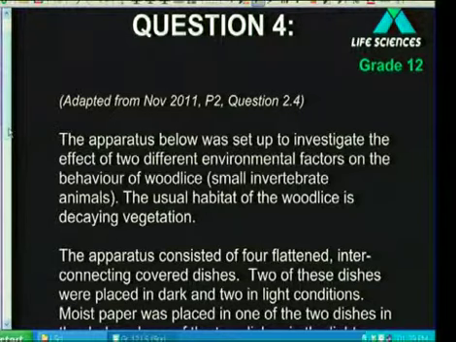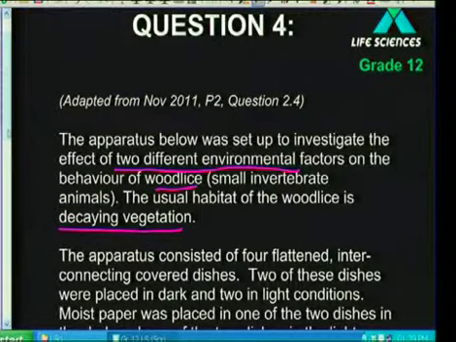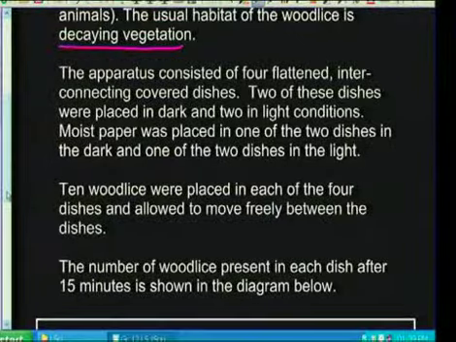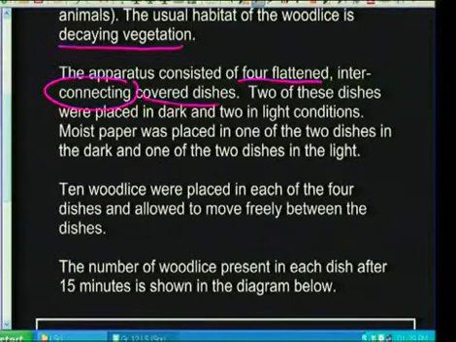The apparatus below was set up to investigate the effect of two different environmental factors on the behavior of woodlice, which are small invertebrate animals. The usual habitat for woodlice is decaying vegetation, so they live under decaying vegetation. The apparatus consists of 4 flattened, interconnected, covered dishes. 2 of these dishes were placed in dark and 2 were placed in light conditions.